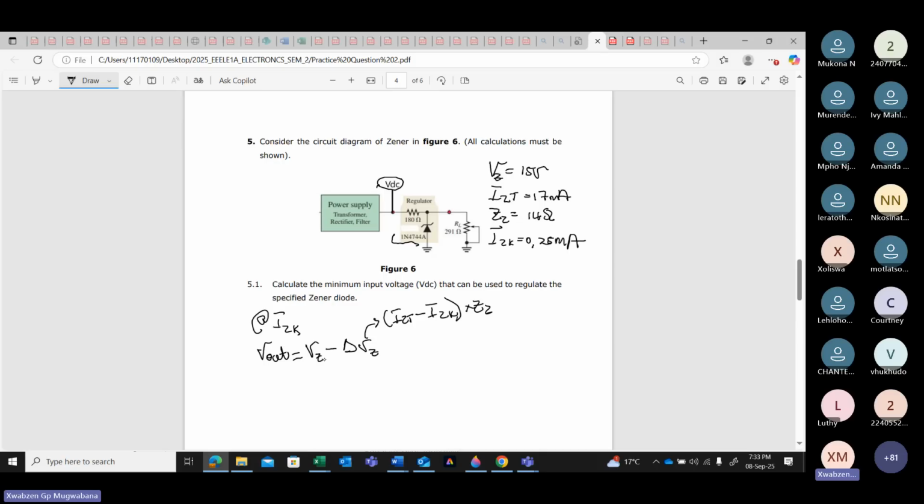It's 15, so it's going to be 15 minus, in brackets, 17 milliamps minus 0.25 milliamps, multiplied by my ZZ, which is 14.